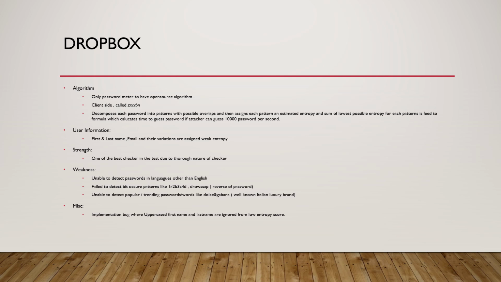It also is not able to detect obscure patterns like 1A, 2B, 3C, 4D, which a user could easily guess. It is also a hard-coded algorithm, thus ignoring trending passwords like Dolce and Gabbana, the well-known Italian luxury brand that was trending when the author wrote the paper.